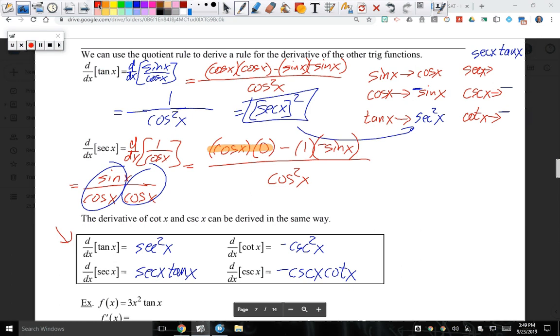So a former student years ago, who's now a doctor, came up with this little chart that he just made, because that's just the way his brain worked. He just organized and workaholic. This will help you memorize for next time. So secant, secant, tangent.